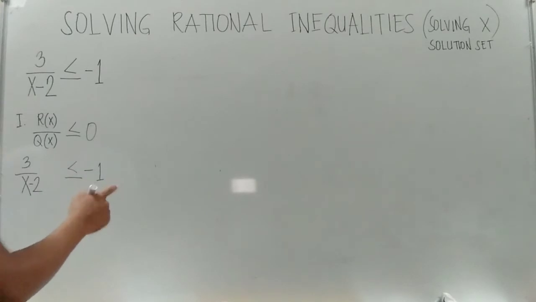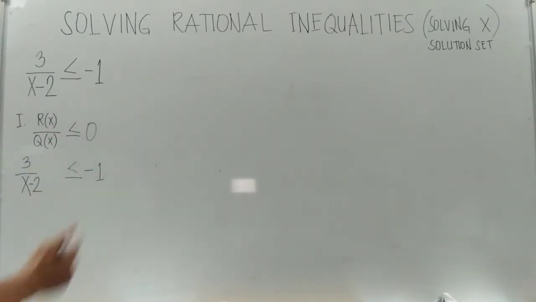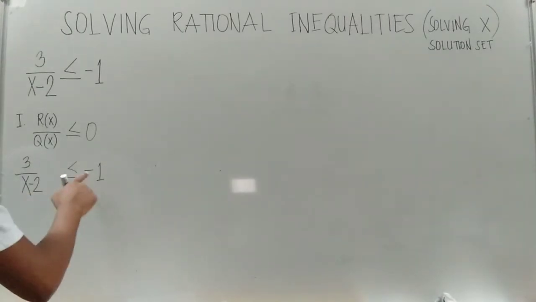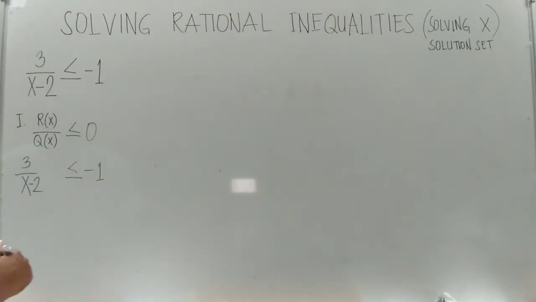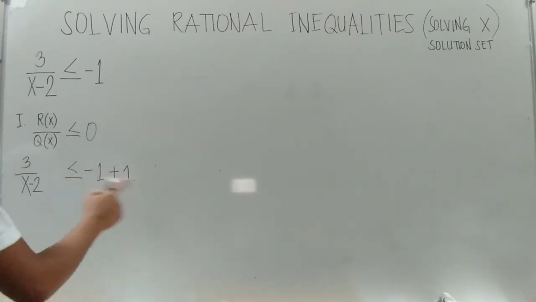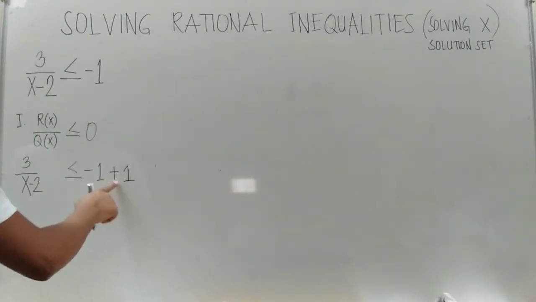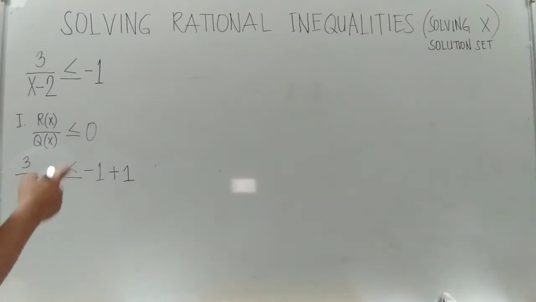Again, in operating on both sides of your inequality or your equation, most of the time we are using the inverse operation. We have negative 1, so we will be adding 1, the inverse. In this case, we are using the addition property of inequality.